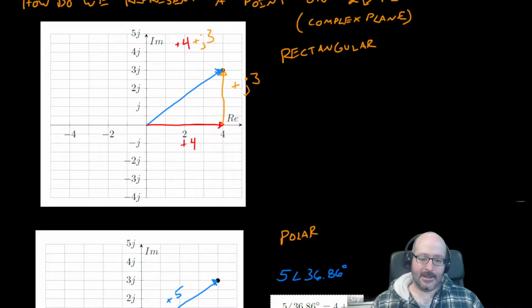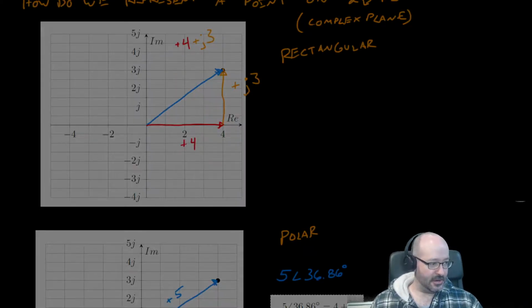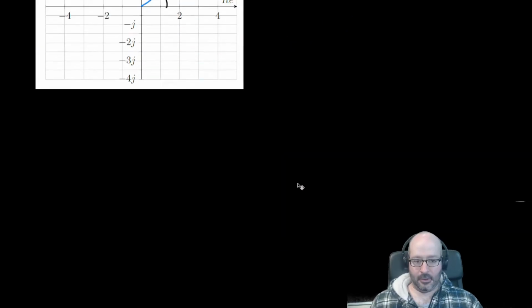And your calculator will definitely use this form. You don't have to use this on every calculator. But you TI-84 folks, this is going to be your go-to. And MATLAB's going to use it. Okay, so it's important in that respect. And it's very similar to polar form. Okay, it has the same information as polar form.